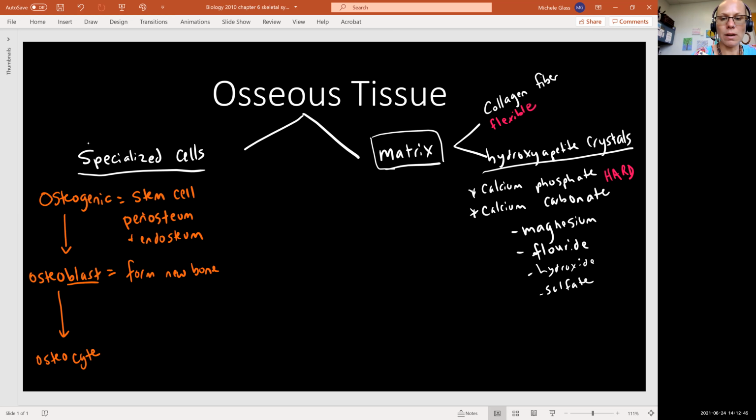They're actually going to secrete that bony matrix we talked about, meaning they're laying down the collagen fiber and then also calcifying those fibers to make that matrix. We're going to see osteoblasts in both the periosteum and endosteum and in developing bone.